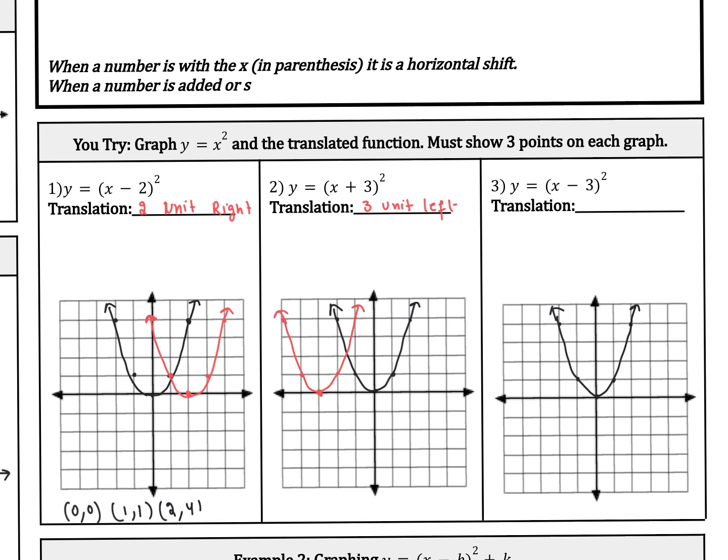Next, since it's minus 3, it's 3 units to the right side. So moving 3 units right, follow the pattern 1, 1, 2, 4, and the graph is this one, translated 3 units to the right side.